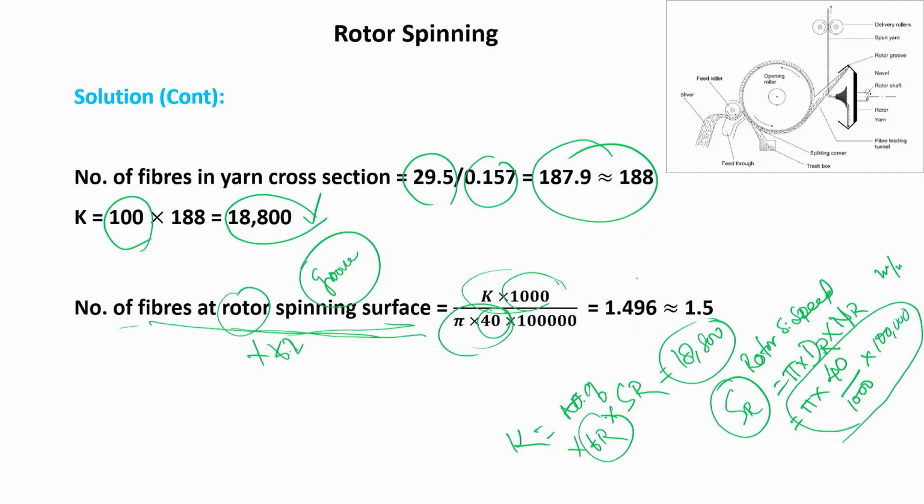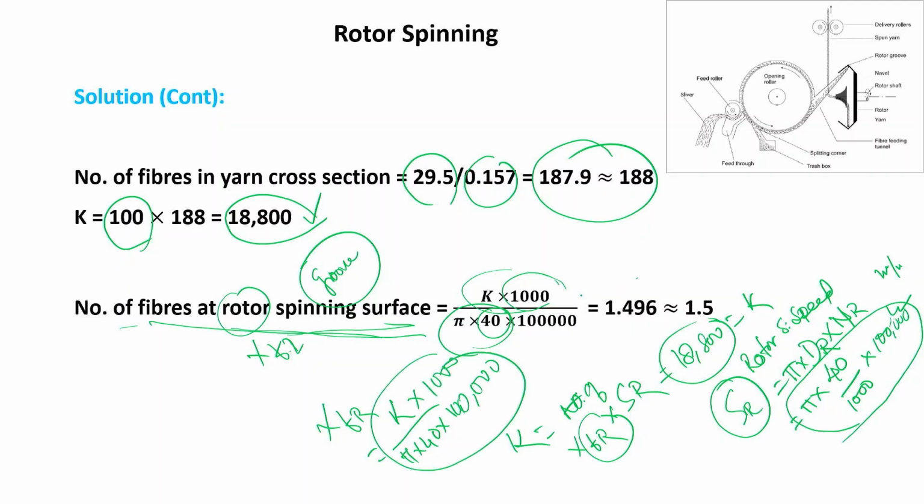From here we can calculate the number of fibers x_f_r as K divided by pi times 40 times 100,000 divided by 1000.